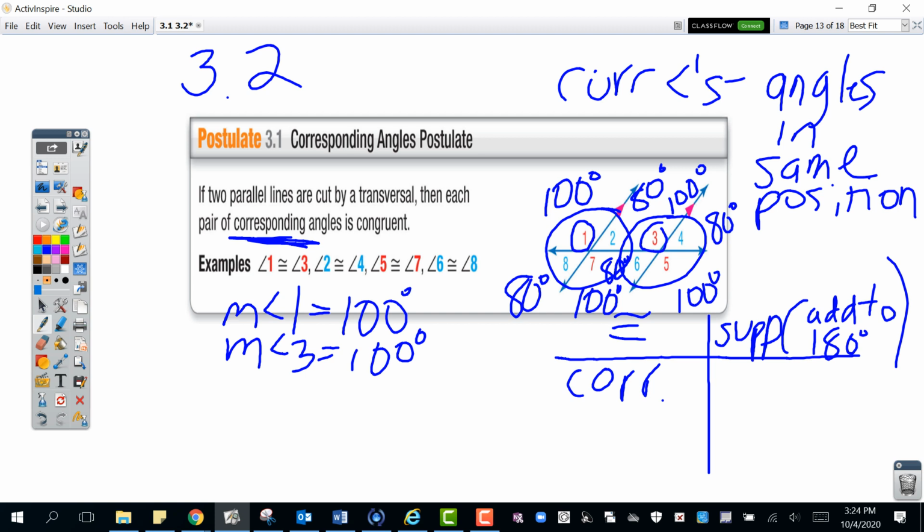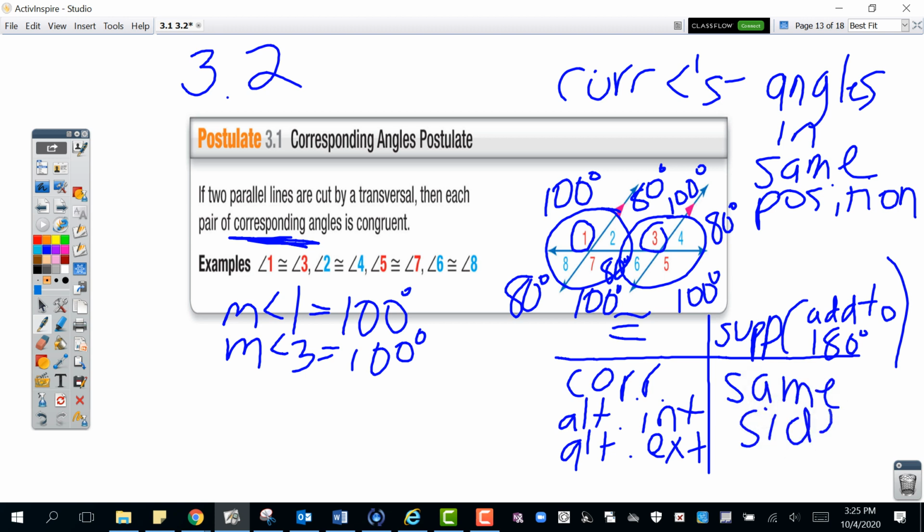Also, alternate interior angles are congruent. Alternate exterior angles are also congruent. The only type of angles that we talked about in 3.1 that are supplementary are our same side interior or consecutive interior. You can call them either one, but those are the only ones that are going to add up to 180.